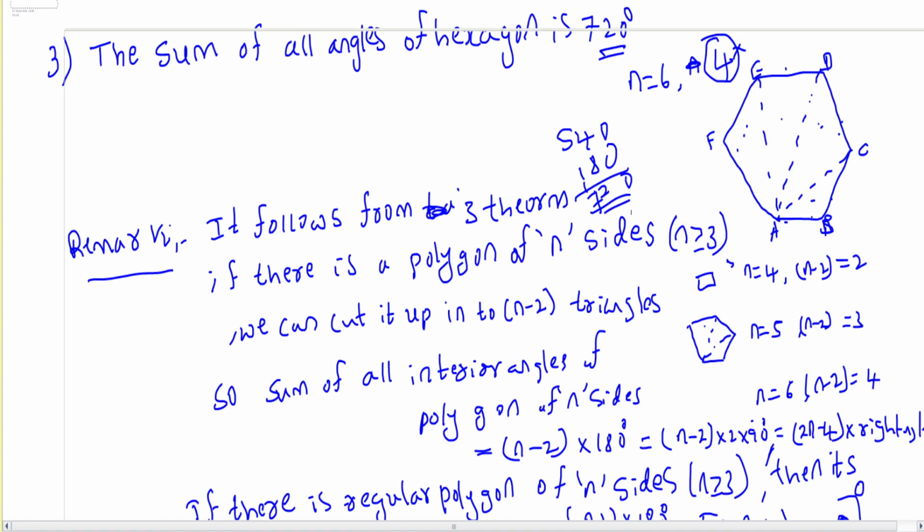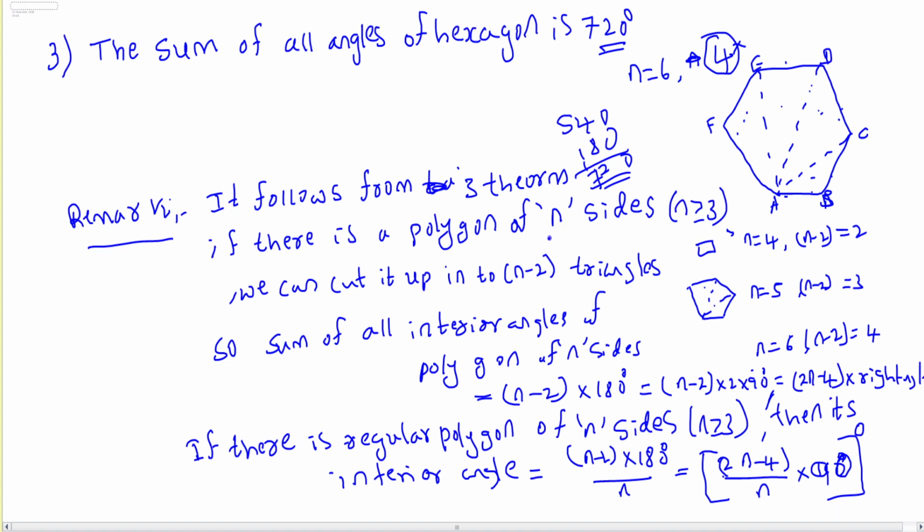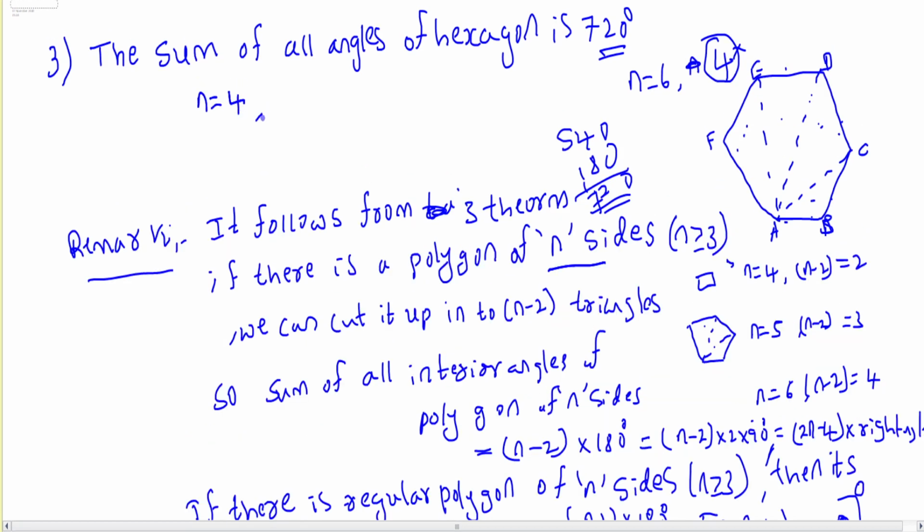One thing we have clearly observed with n sides: in a quadrilateral n is equal to 4, and we get 2 triangles. In a pentagon n is equal to 5, and we get 3 triangles. In a hexagon n is equal to 6, and we get 4 triangles. So we get n minus 2 triangles.